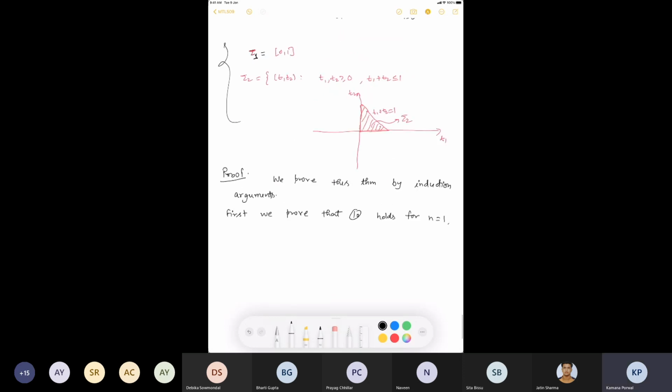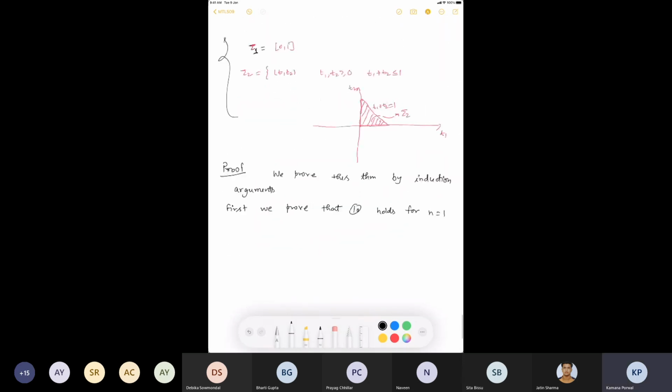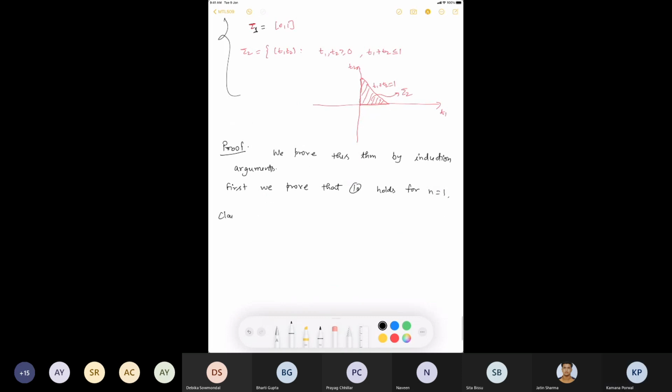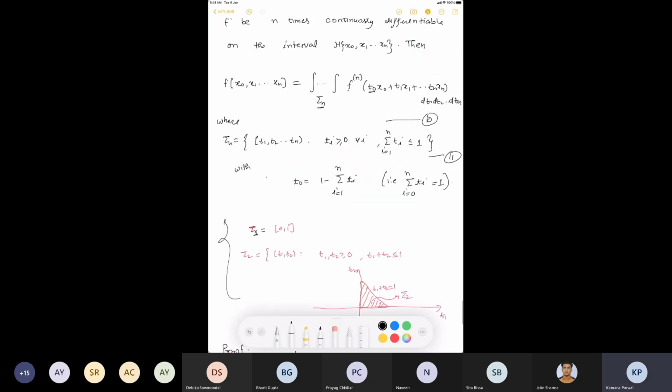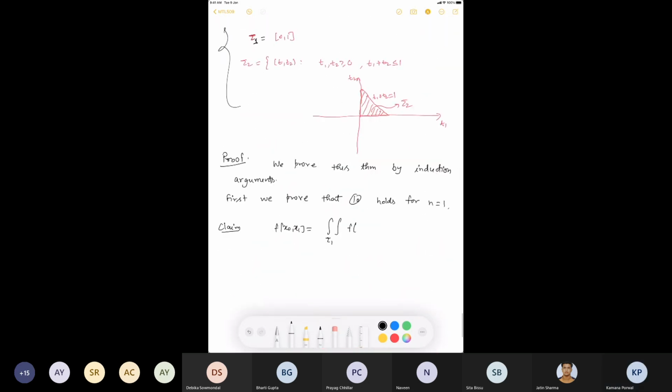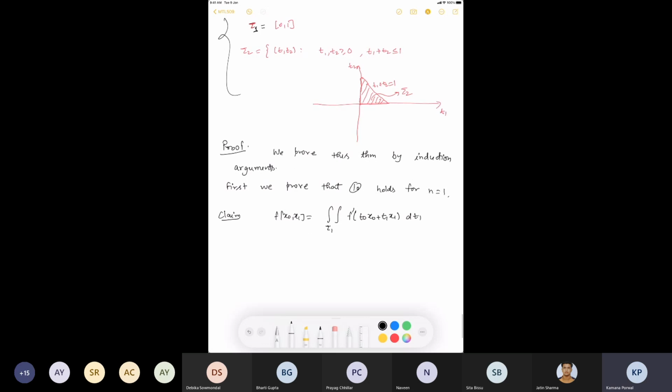What we are supposed to prove is that f of x0, x1 is the same as, if we evaluate with n equal to 1 here, the integral of f prime of t0 x0 plus t1 x1 dt1.